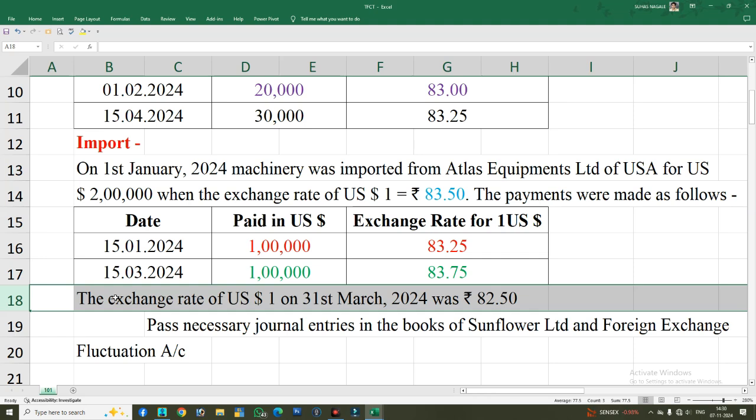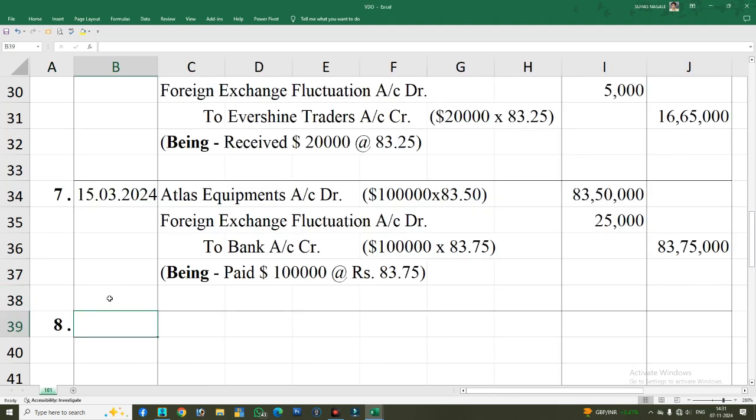Because in India, as per Accounting Standard 11, we have to close the ledger accounts on 31st March 2024. So the closing rate is 83.50. I am showing you one easy technique.